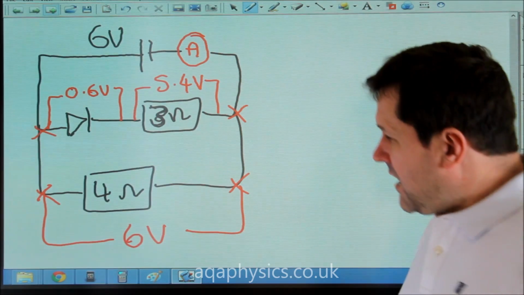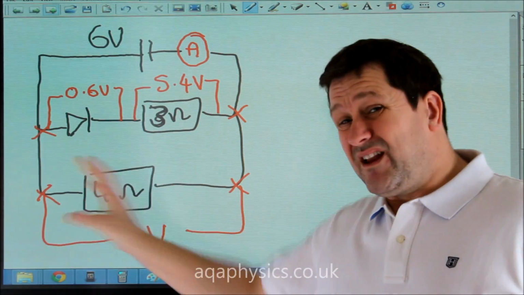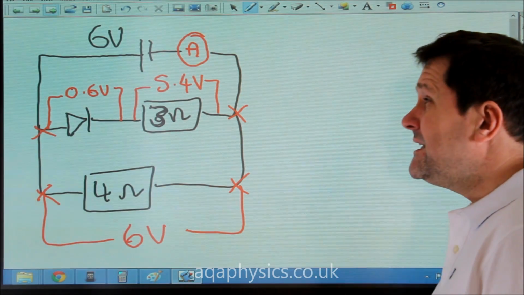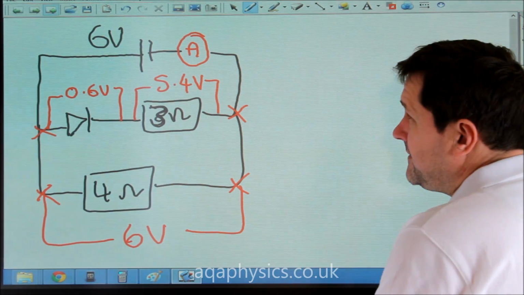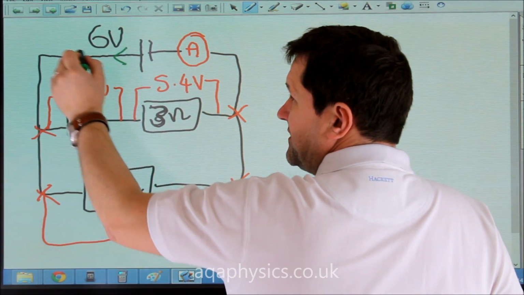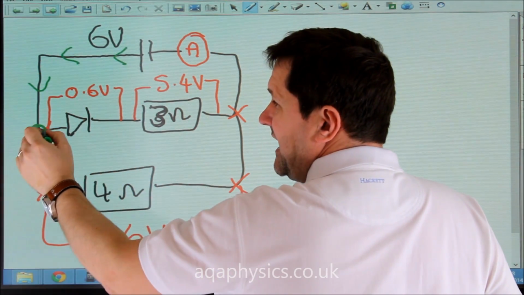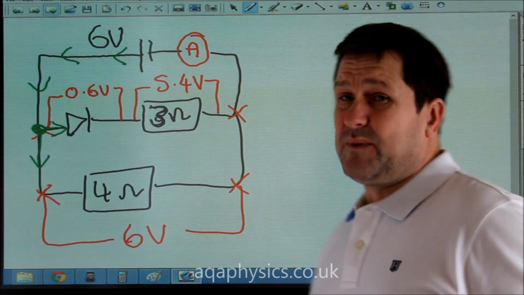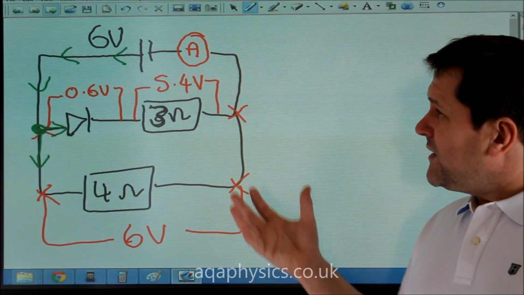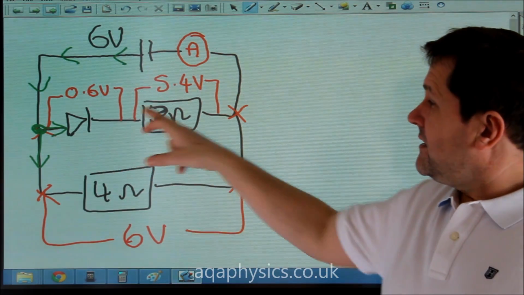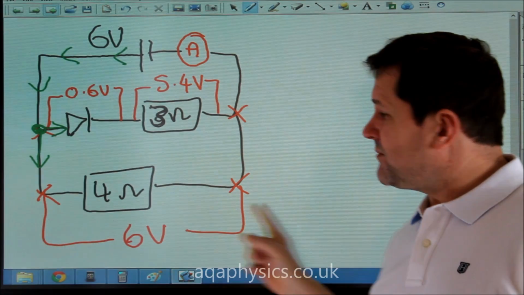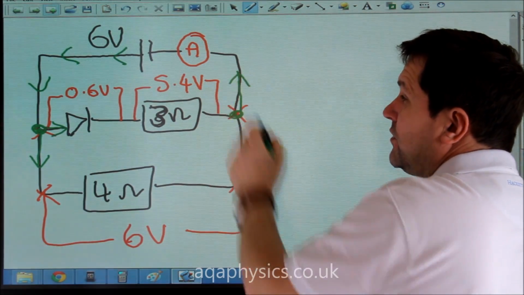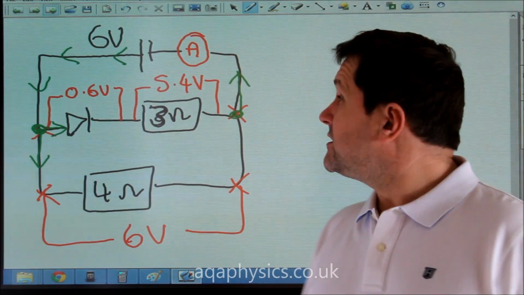This 4 ohm resistor doesn't have anything else in series with it, so he gets all of the 6 volts. Now what's happened is the current flows from our battery, and when it gets to here it splits. Some goes down there and some goes through our forward bias diode. Now we need to realise how many amps go through here and how many amps come through here, and add them together to work out the current that flows back up through to the battery.